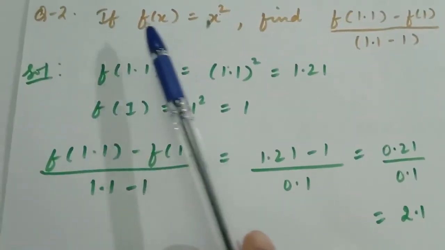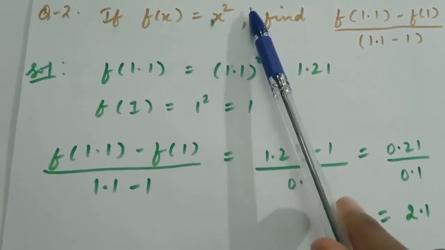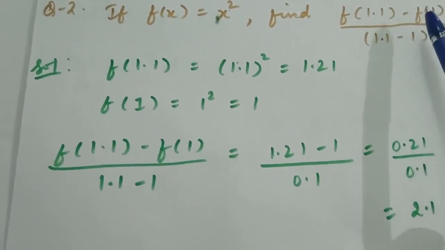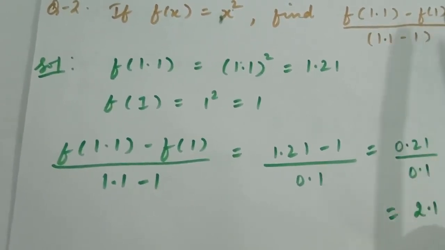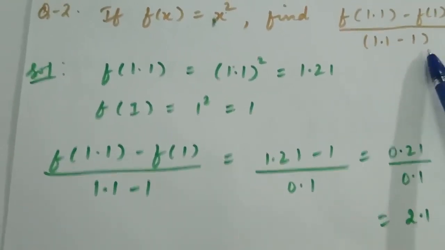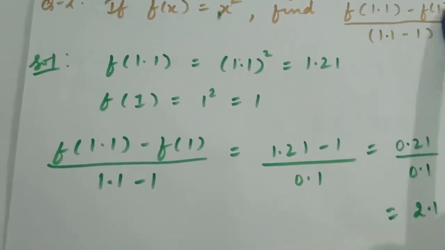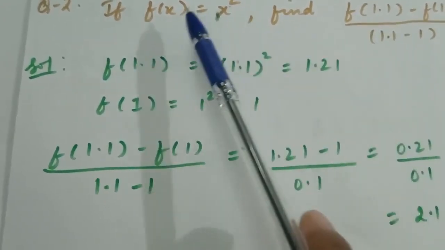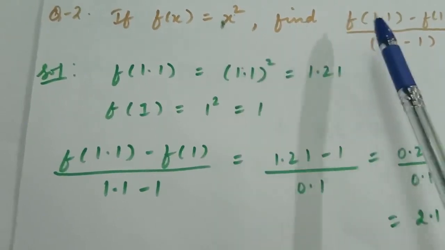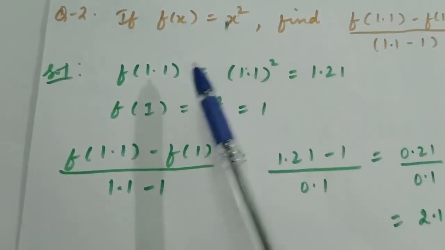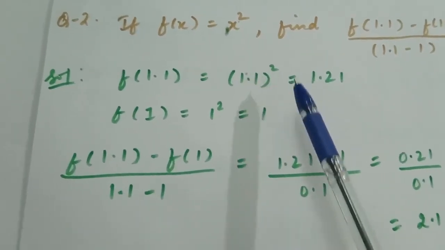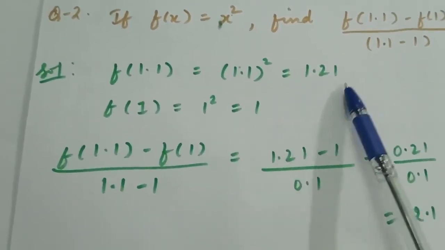Question number 2. If f(x) equal to x square, find (f(1.1) minus f(1)) divided by (1.1 minus 1). So see, we want to find the value of this complete expression and f(x) is given to us as x square, right? So I want the value of f(1.1). So f(1.1) will be 1.1 whole square, which will be 1.21.